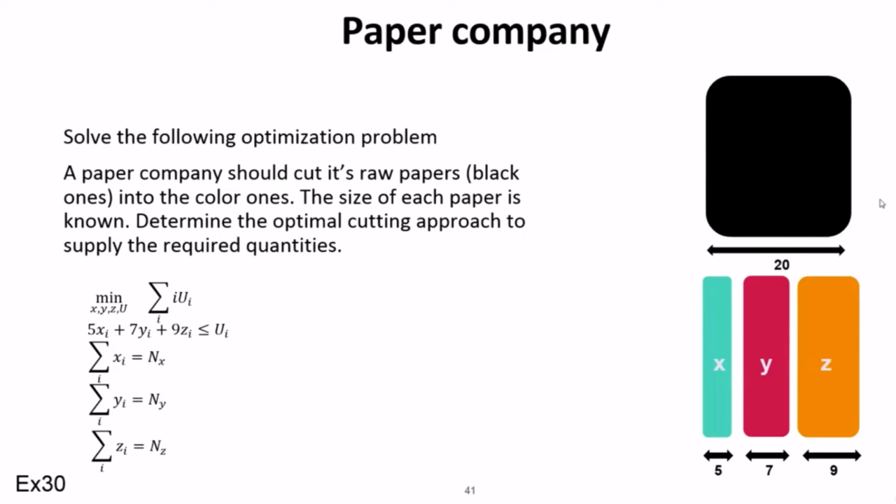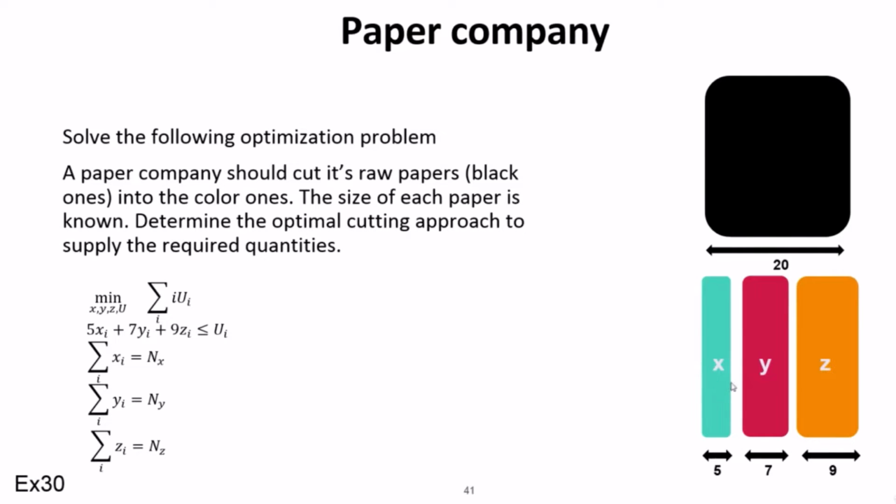Okay, so the question is, how should I cut the paper in order to minimize the number of big papers I have to use? For example, if I want to cut this big paper and create some X pieces, it means that each paper can give me 4 pieces of X, and also it can give me 2 of these red ones, or 2 of these yellow ones.